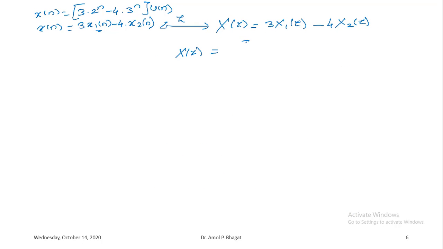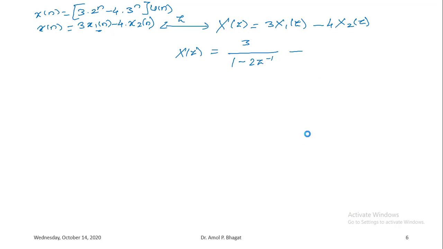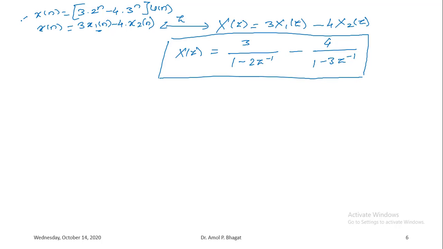So it will be simply 3 upon 1 minus 2z inverse, minus, in place of X2 of z, 1 upon 1 minus 3z inverse, so 4 upon 1 minus 3z inverse. So this is the required z transform, that is X of z, for the given signal: 3 upon 1 minus 2z inverse minus 4 upon 1 minus 3z inverse.